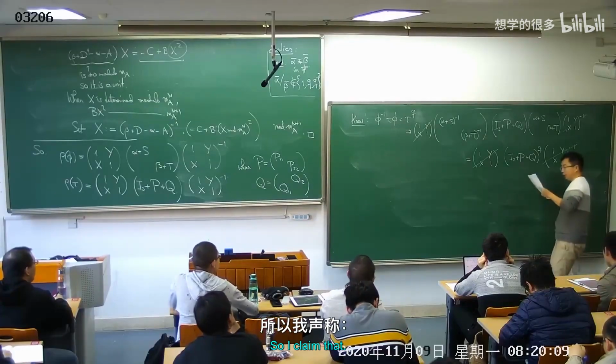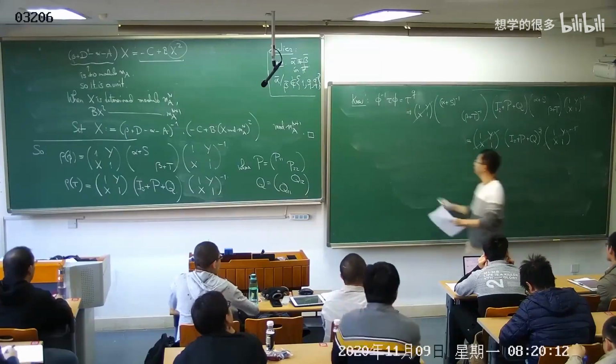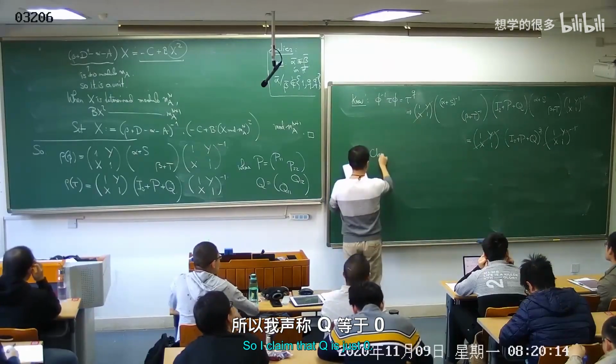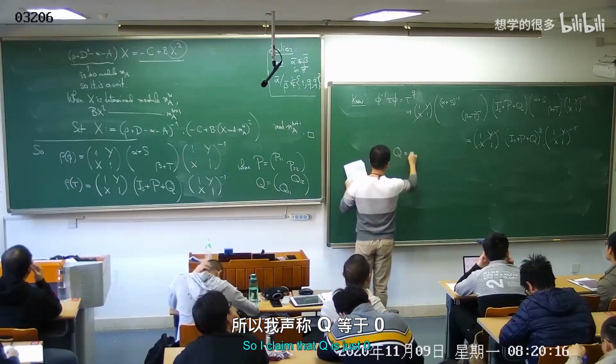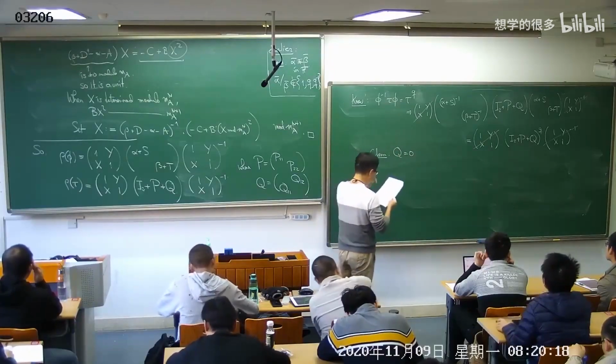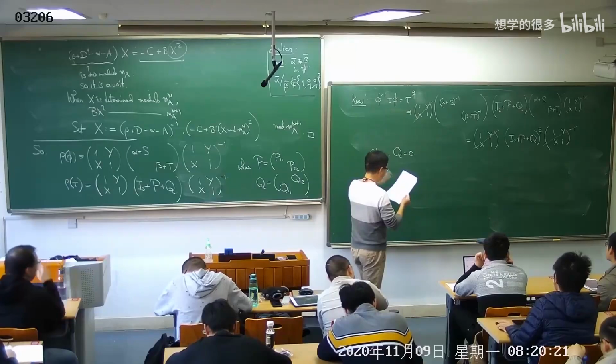So I claim that Q is just 0. Why is that?